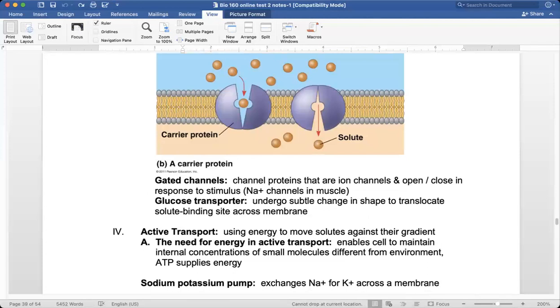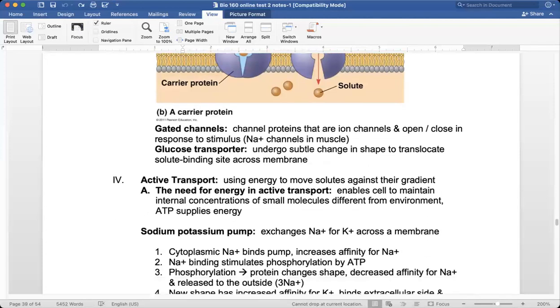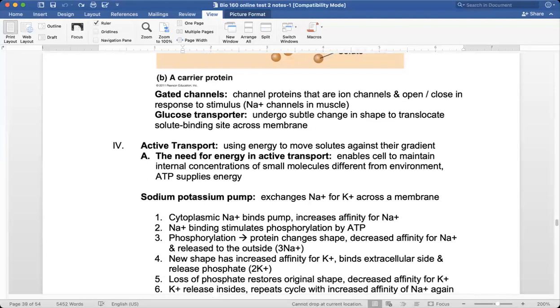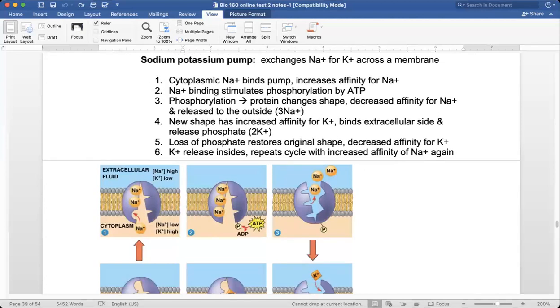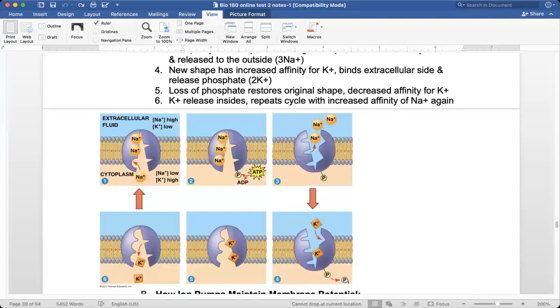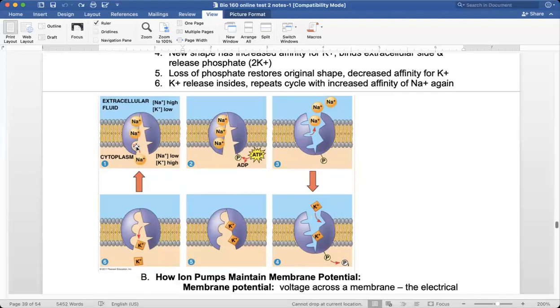So for active transport, these are going to require energy. The sodium potassium pump is a huge one of these. So what's going to happen is the sodium is going to come in and it's going to bind here in this little transport protein to the little receptors in there. It's going to require energy in the form of ATP.